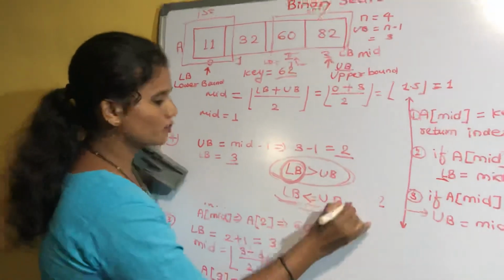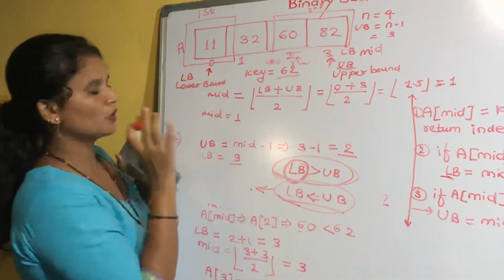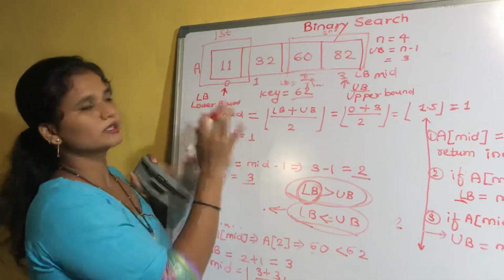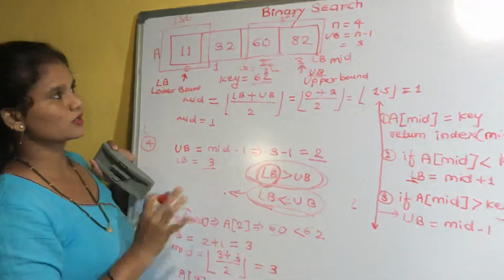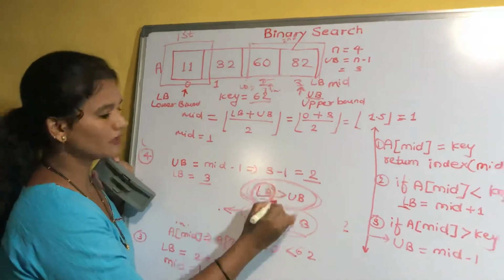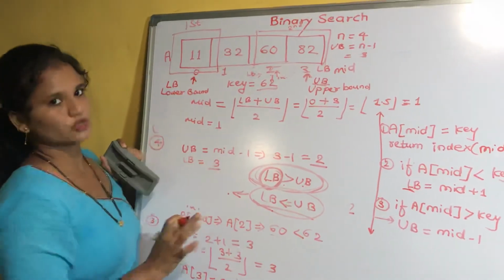That condition should always be true. When that condition gets false, your binary search algorithm will print that the element is not present in the array. So this is all about the binary searching algorithm, and this is that condition: if lower bound is greater than upper bound, then binary search algorithm will stop searching.